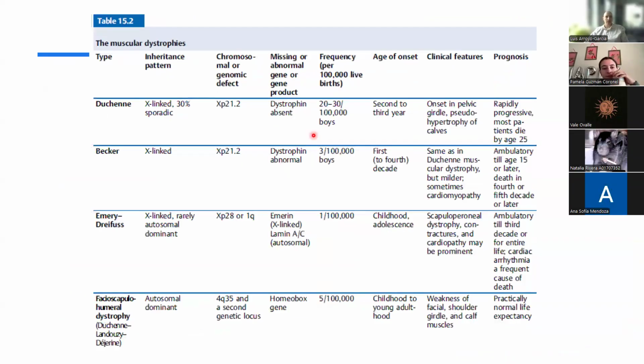So here is the table. For example, you don't need to know in which part of the chromosome you have the defect. This also I don't think is important, but it is important to know if the dystrophin is there or not, and the age of onset.